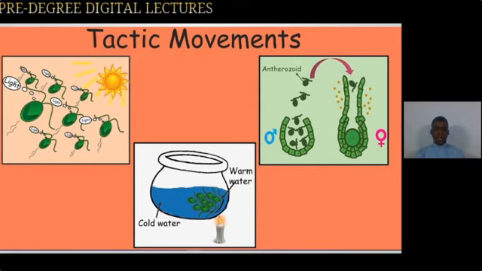You can see there, it moves towards light, and then it moves towards warm water, and then during reproduction you can see another organism there, how the male gamete moves to locate the female gamete so that sexual reproduction can take place. All these are examples of tactic movements.